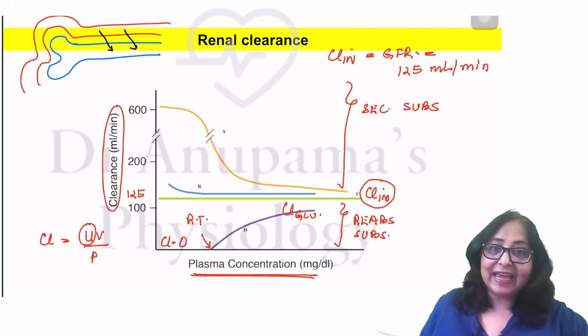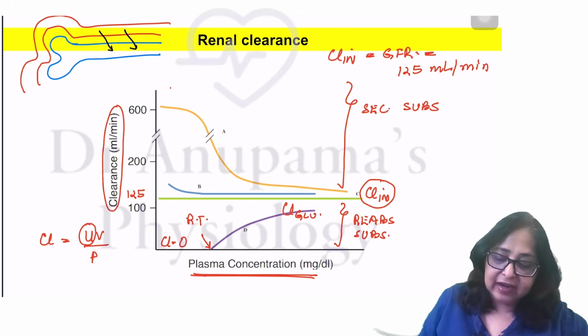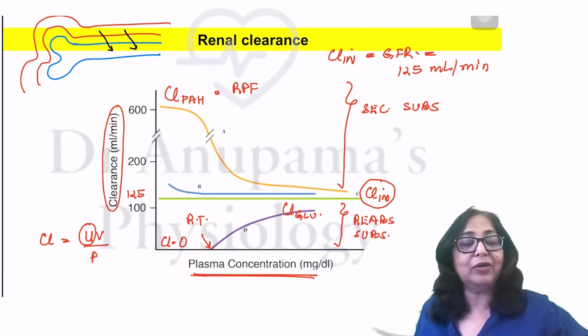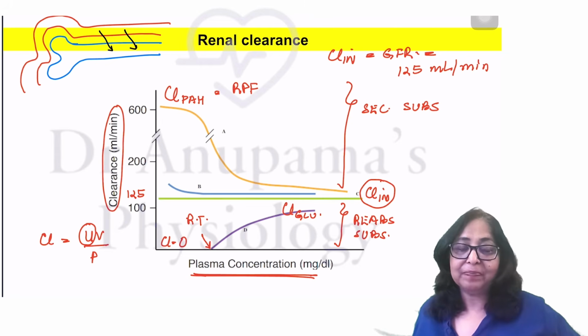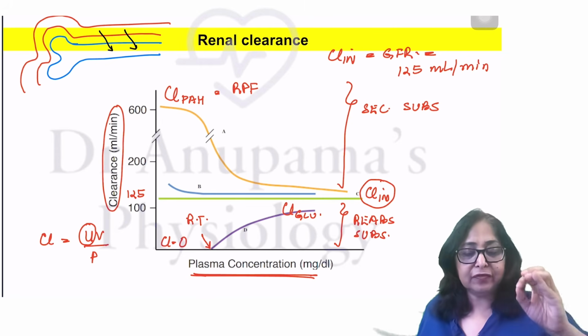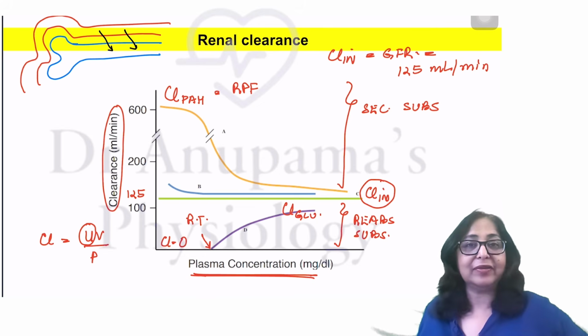Let's look at substance A. Very high clearance in low concentration. This is the clearance of para-aminohippuric acid. Remember, I just told you clearance of para-aminohippuric acid in low concentration is equal to the renal plasma flow. Why so? Because in low concentration, para-aminohippuric acid is freely filtered and completely secreted.